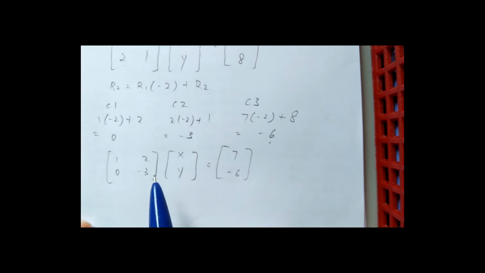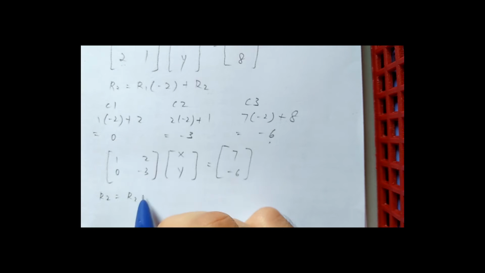After this, we keep row 1 and use our new answer for row 2, which is 0, negative 3, with x and y remaining. Then we have to convert this to 1. So the formula is R2 equals R2 divided by negative 3.